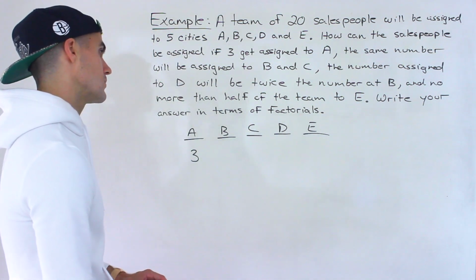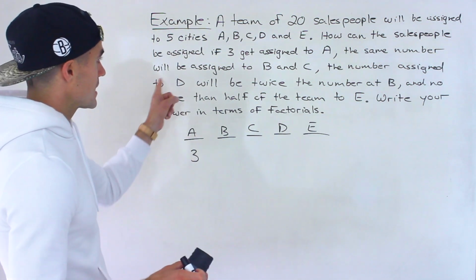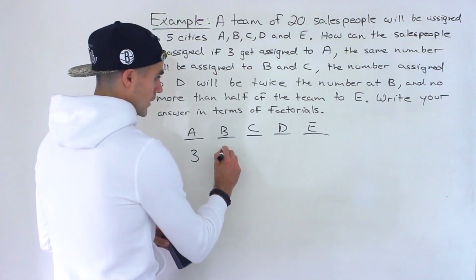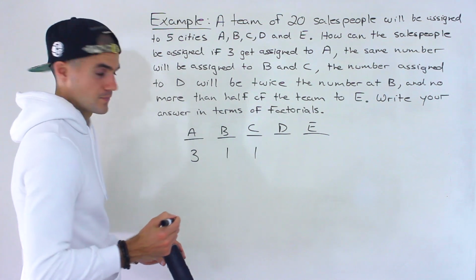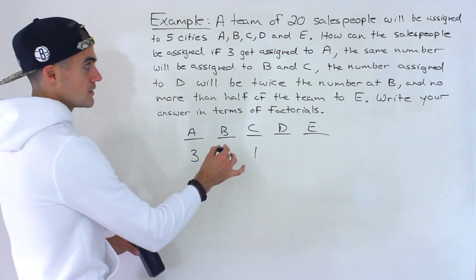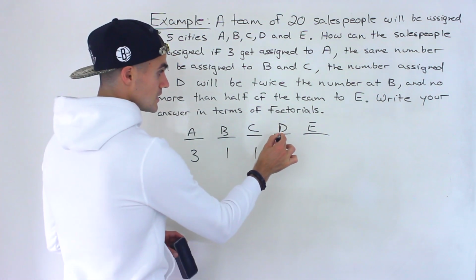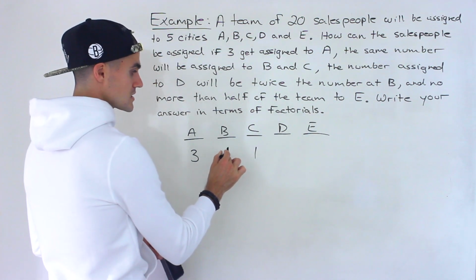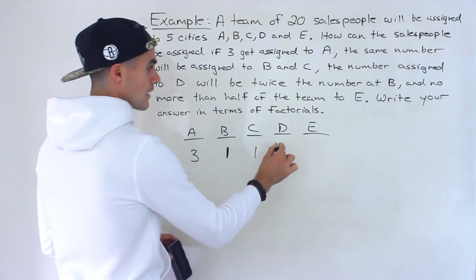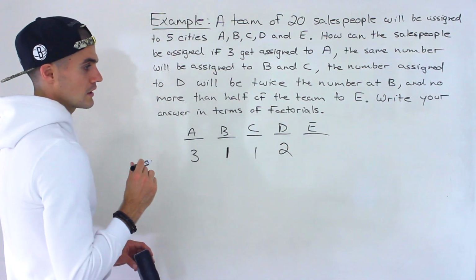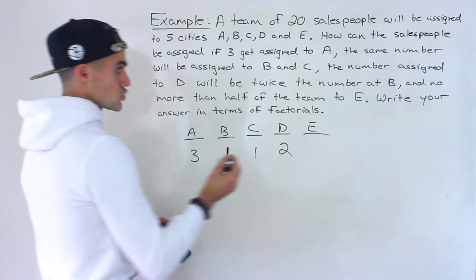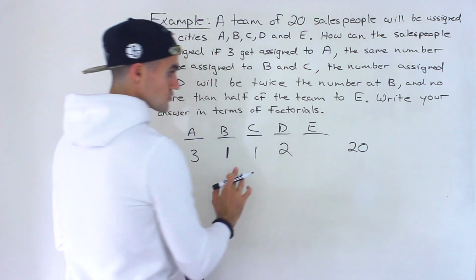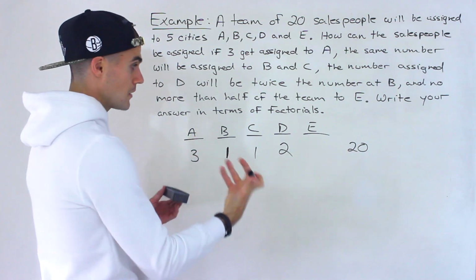Because the same number is going to be assigned to B and C, we could just start off with maybe 1 and 1 over here. Then the number of salespeople assigned to city D will be twice the number assigned to B. So if 1 salesperson is assigned to city B, that means 2 will be assigned to D. Now there's 20 salespeople in total, so these rows always have to sum up to 20.